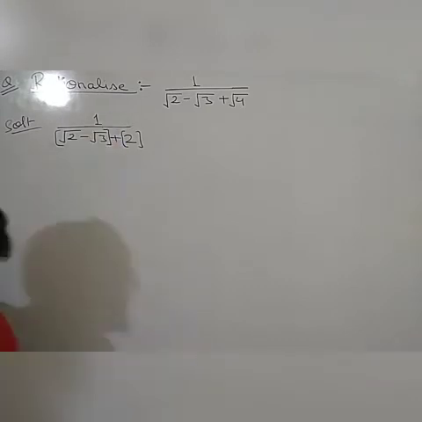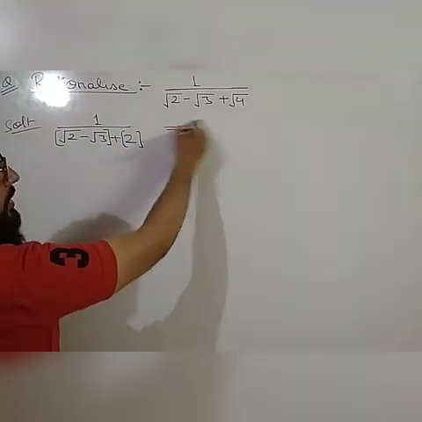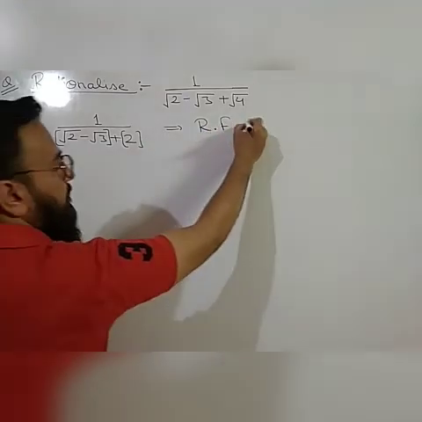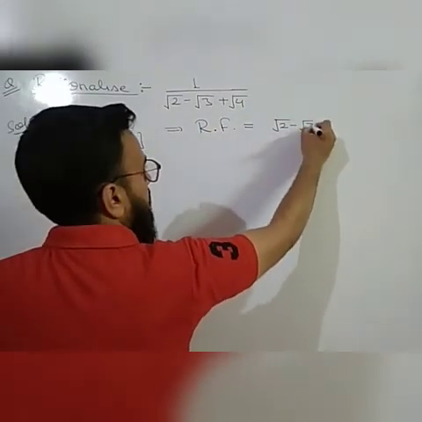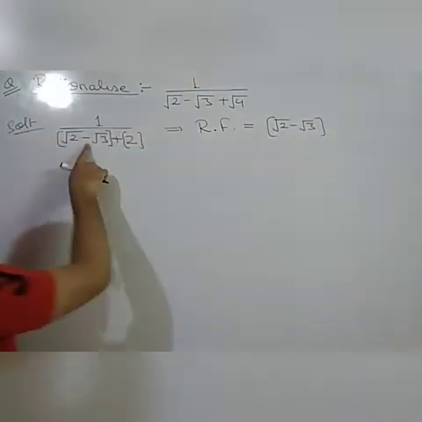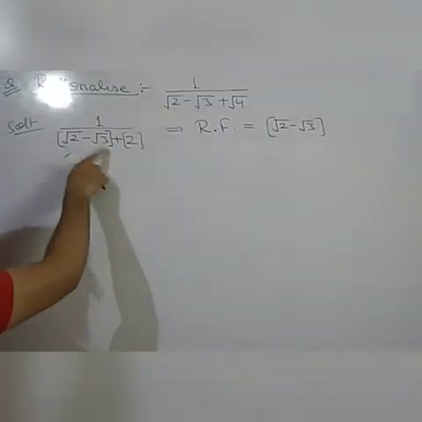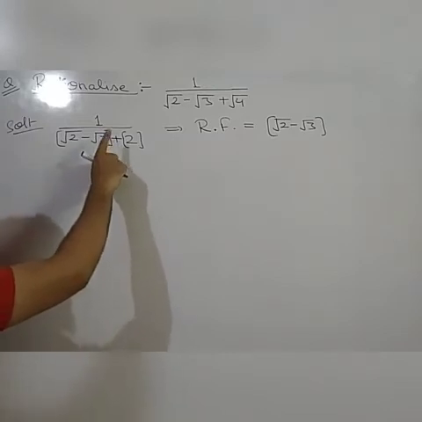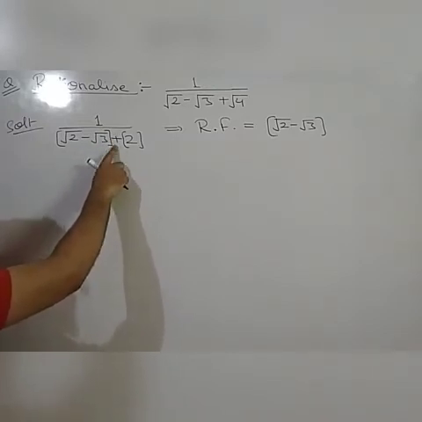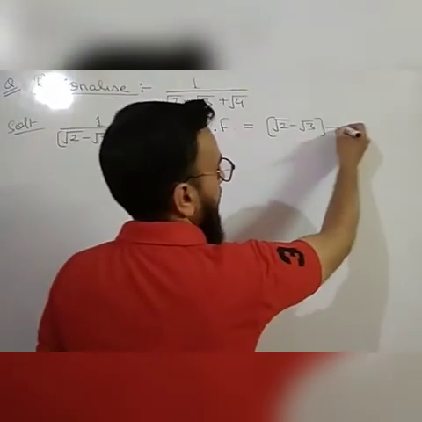So what will be its rationalization fraction? Its rationalization fraction will be equal to root 2 minus root 3. This minus sign will not change. This bracket sign will not change. The sign outside this bracket will be changed. This is plus, so it will be written as minus 2.